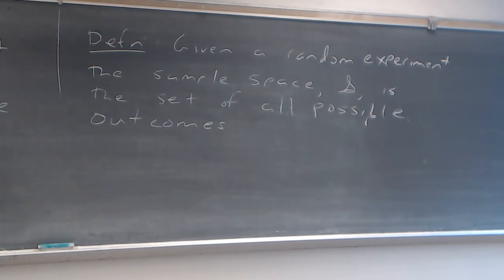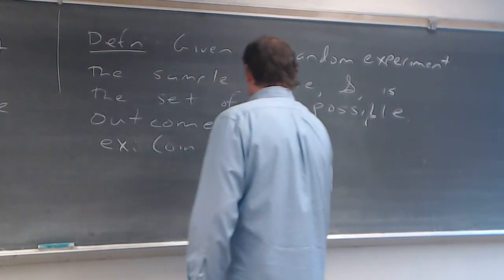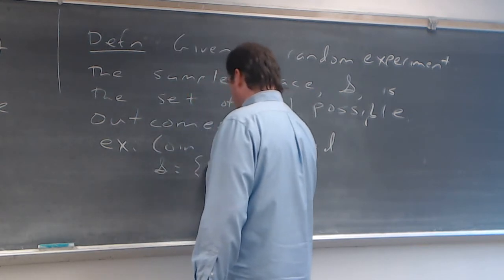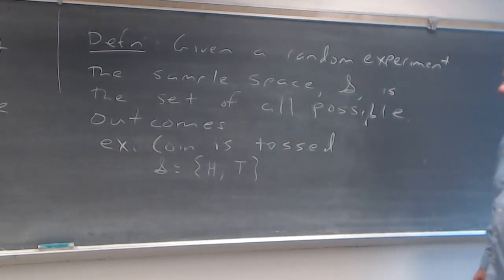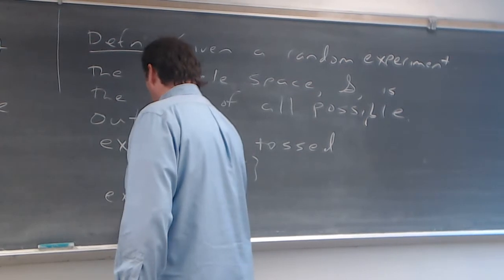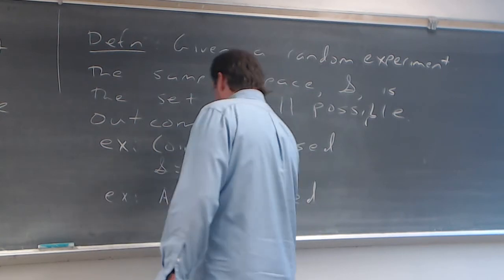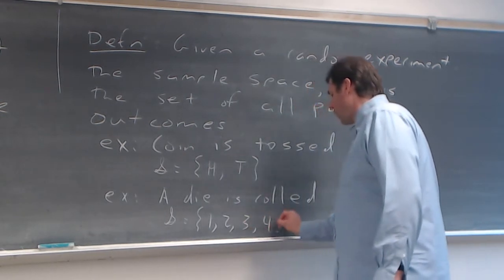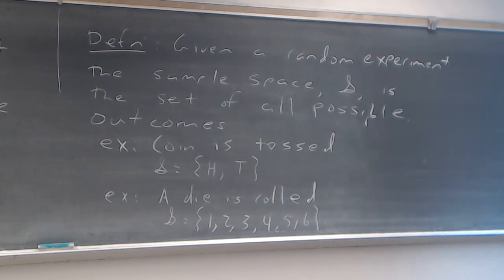So in our previous example of a coin being tossed, the sample space in this situation is a heads or a tails. In our other example, where we have a die being rolled, the sample space in this setting are the numbers 1, 2, 3, 4, 5, and 6. So those are examples of the sample space associated to a given random experiment.